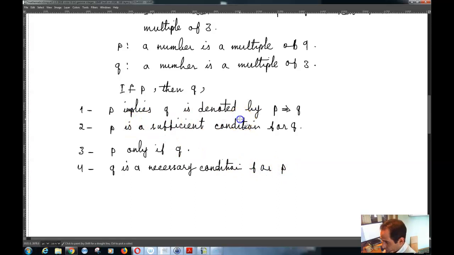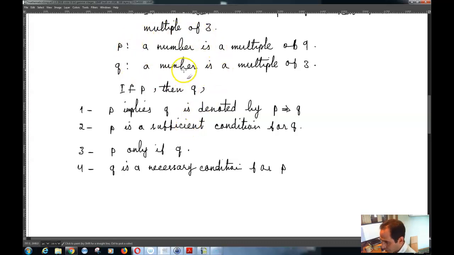I think I said something in the previous video that, now that I think about it, was actually logically wrong regarding the necessary condition and sufficient condition.